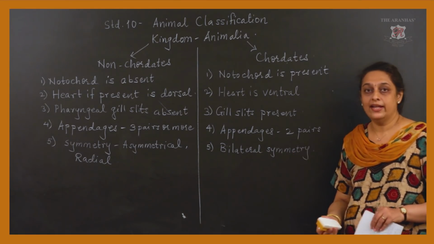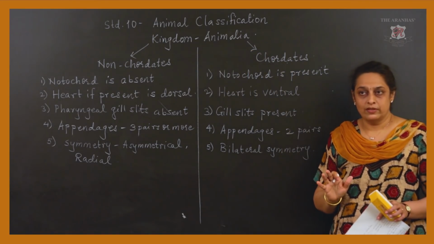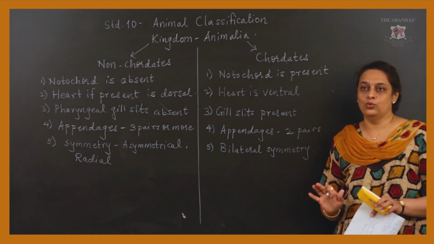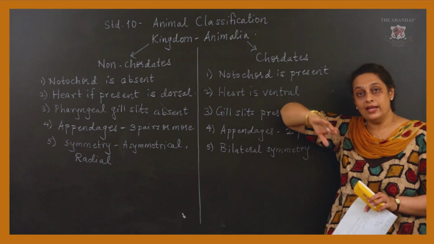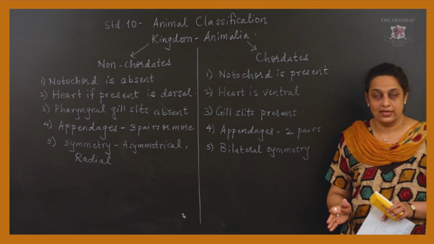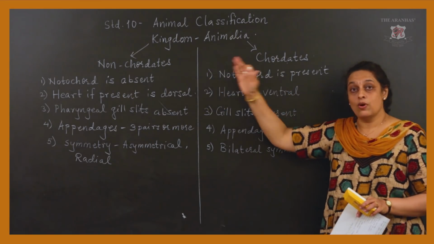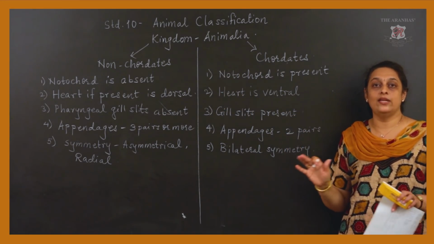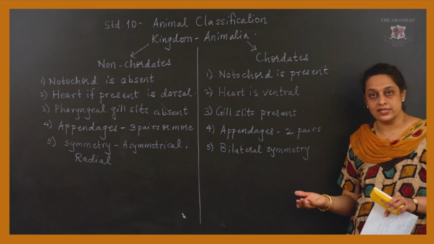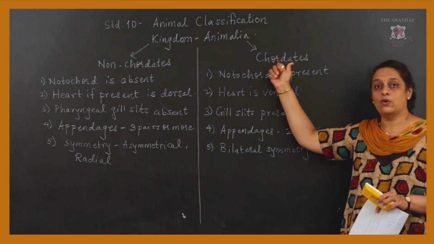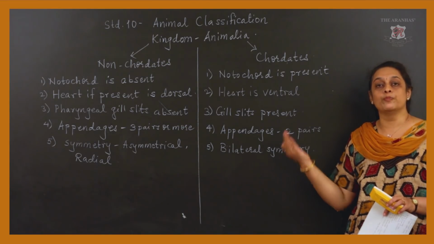Okay. Now, let us move ahead. I have told you that non-chordates and chordates are two groups, which means classification is done? No. These two groups again include a large number of animals, and not just the number, character wise also great diversity or variety, and that is why in the classification system non-chordates and chordates are further classified into subgroups.